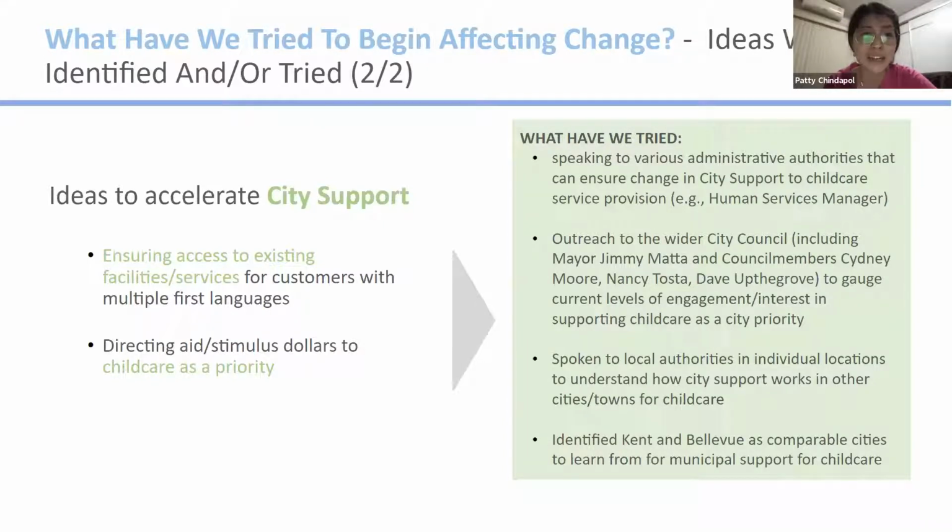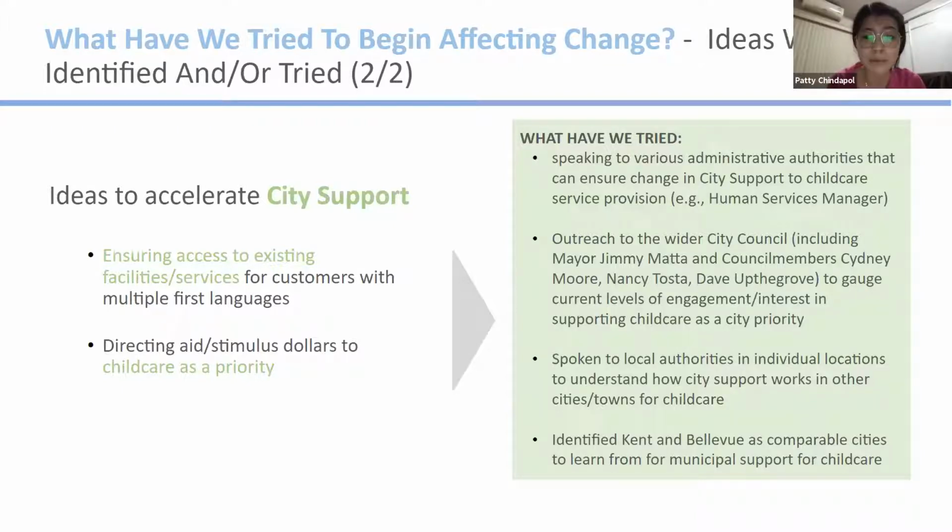The funding is quite limited, and how do we make childcare a priority on that funding list? So we tried to learn more about this issue as well by talking to various administrative authorities. We mentioned Colleen earlier, to learn more about the technical feasibility side, but we've also gauged the political feasibility, the space for us to build on in terms of the city council members.